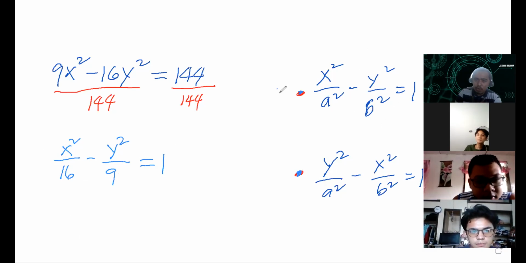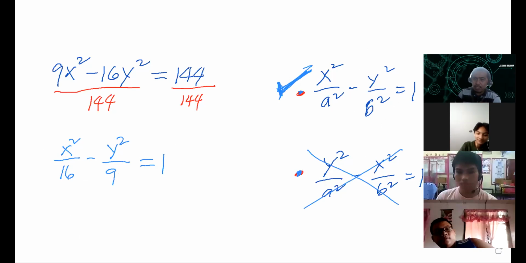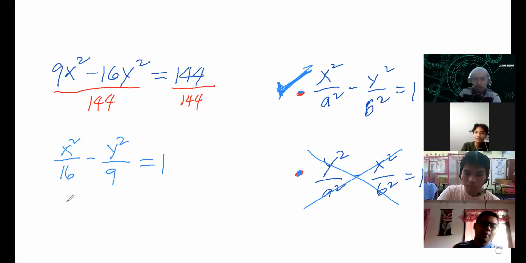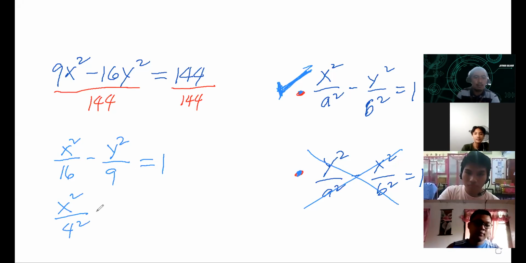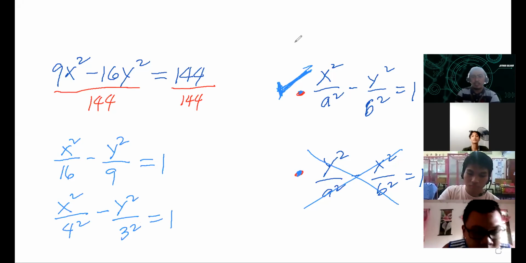So obviously you will rewrite into this form, right? It will never be this one because x here is negative but x here is positive. So you need to use this one. But again, you can rewrite this as x squared over 4 squared, because 16 is 4 squared, minus y squared over 3 squared. Agree? Yes, sir.